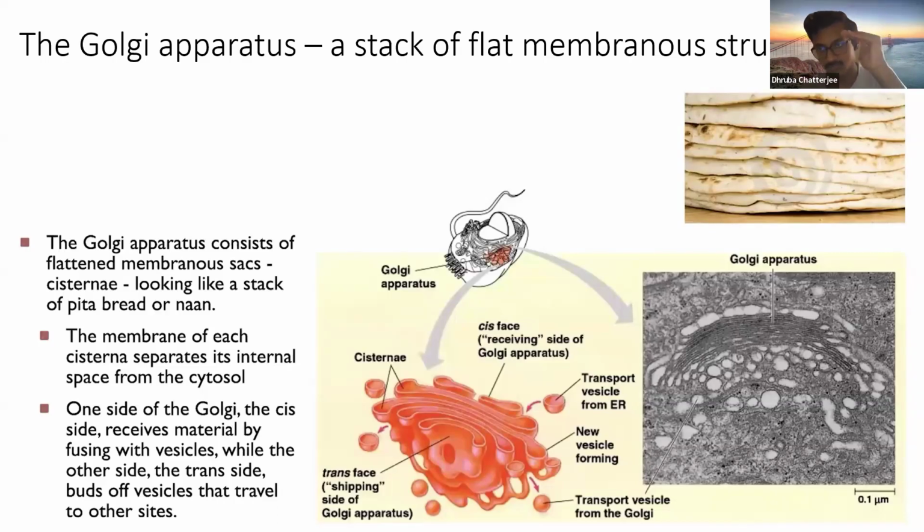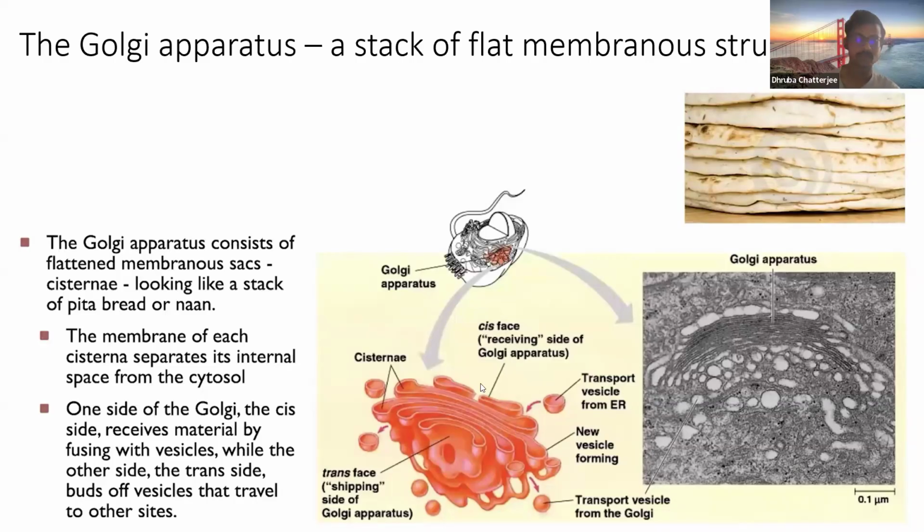There are discrete membrane-bound sacs or cisterna, which are stacked with one another, just like several rotis or chapatis or paratha stacked one upon another. The Golgi cisterna located just outside the nucleus, perinuclearly, will be called the cis Golgi, and then the medial Golgi, and then the trans Golgi as you move out from the nucleus to the plasma membrane.